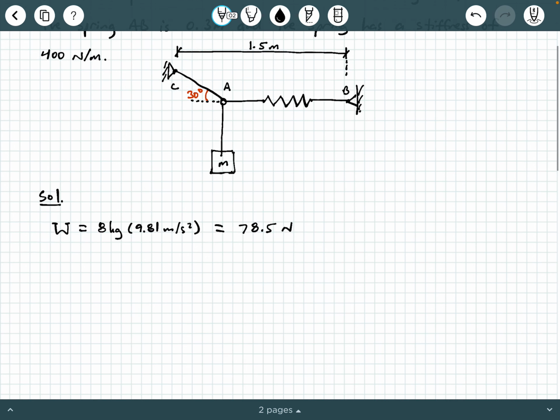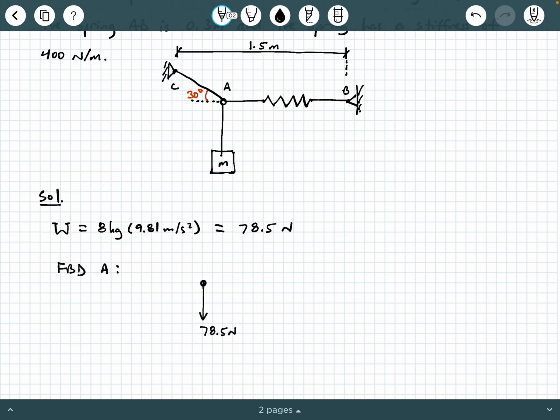Now we're going to draw a free body diagram of that particle A. That little connection, that ring at A, is a particle, and this is a two-dimensional particle equilibrium problem. So we draw a free body diagram, and what do we have hanging vertically here? That's just the 78.5 newtons, the weight.